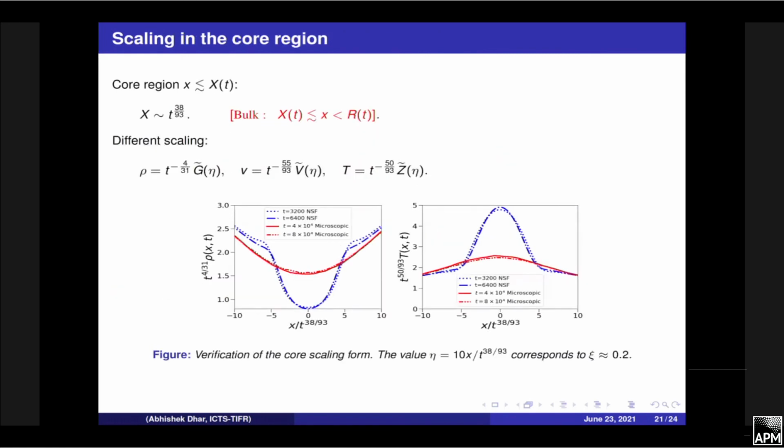Now, we also did a more careful analysis. In the bulk, of course, we now have a different scaling solution than the self-similar solution that I wrote earlier. So we can write down the expected solution, and then try to solve these equations numerically and see what the scaling functions are.